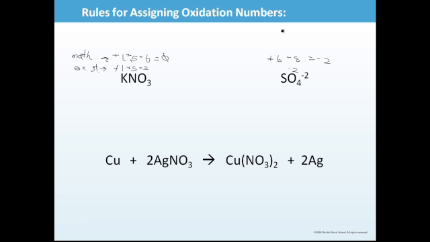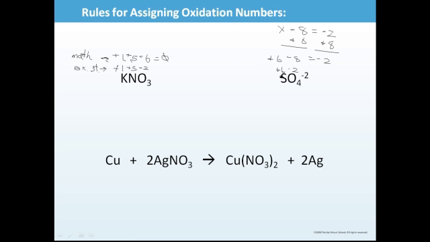Again, all I just did there is basically made this an algebra problem. And I said x minus 8 equals negative 2. And to solve for x, we would just add 8 on both sides, right? Add 8 there, add 8 over here, and of course, negative 2 plus 8 gives us 6. Now there's only one sulfur, so that means it keeps all of that positive 6.